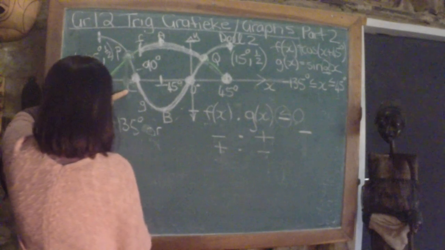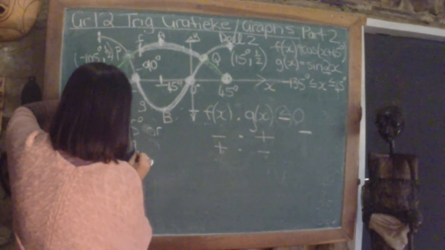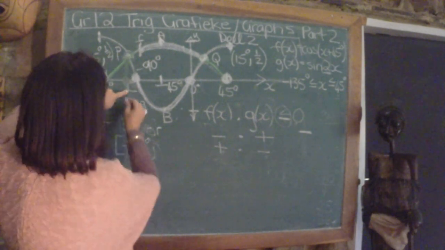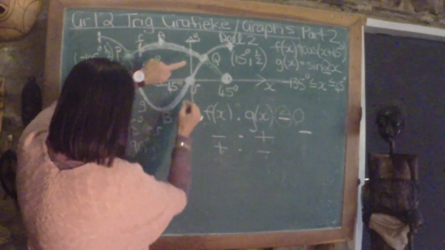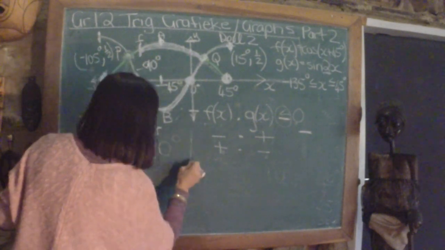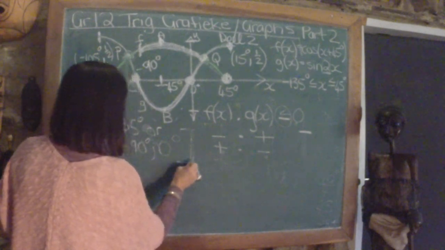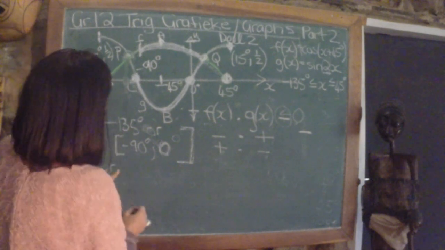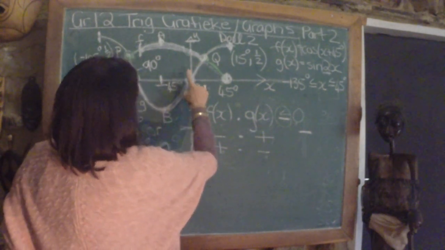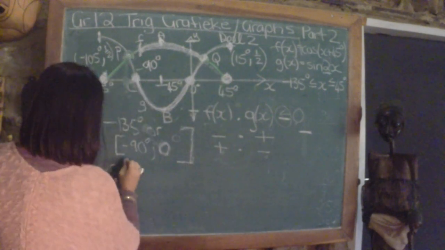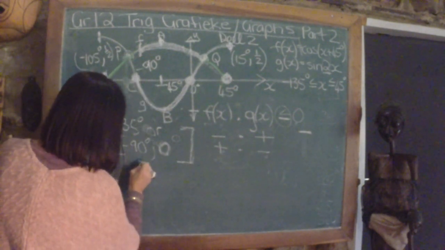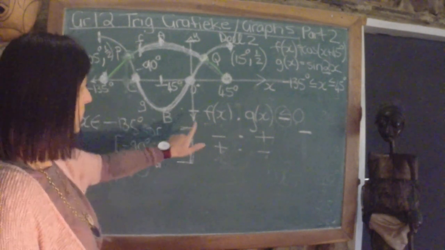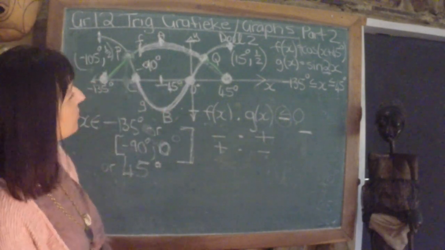So now it's included, minus 90 degrees, and it's going to go on up to 0 degrees, and both is included. Or let's go further up to there, and then only 1 point, 45 degrees, and there I've got the solution where fx times gx smaller or equal to 0.